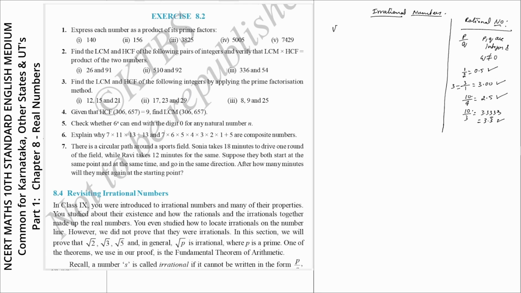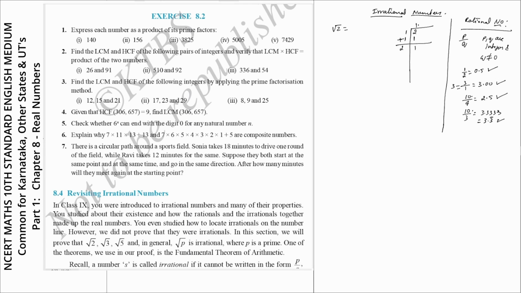For example, root 2 is an irrational number. Let us evaluate the value of root 2 to see its decimal equivalent. You should divide by some number. Now I'll take 1. 1 1s are 1. 2 minus 1 is 1. Now I'll add 1 to this, so 1 plus 1 is 2.